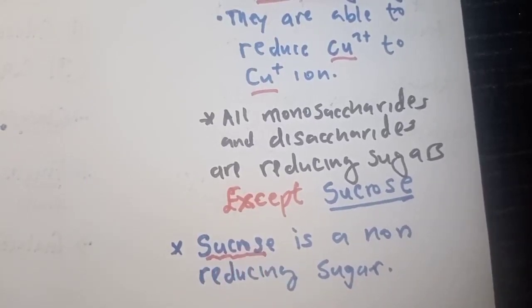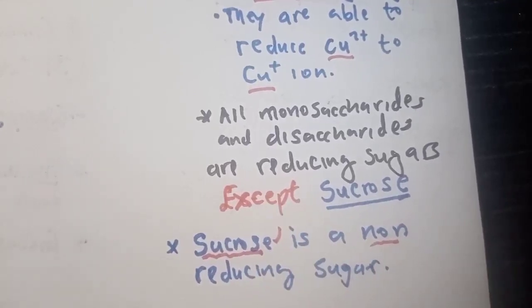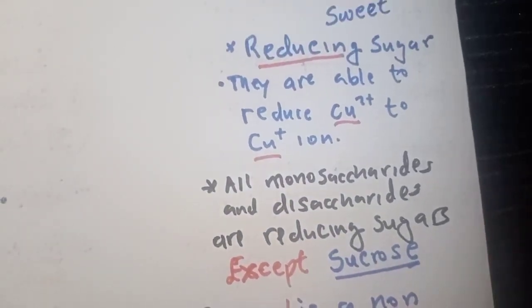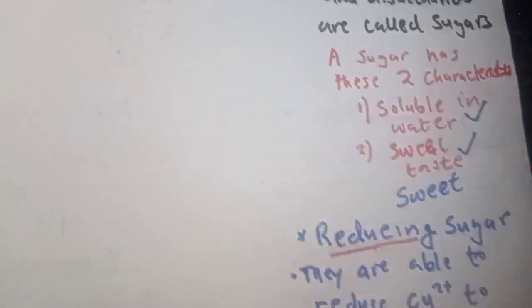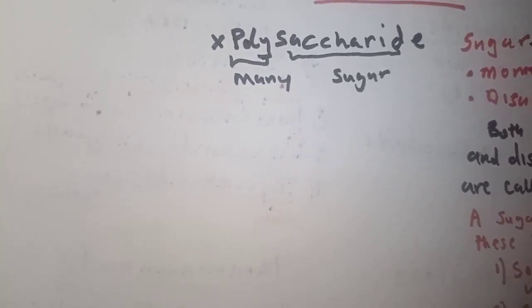Give me an example of a non-reducing sugar, which is sucrose. And why are the reducing sugars called reducing sugars? We said because they're able to reduce copper 2 sulfate to copper 1 sulfate. That is what we can say for now. So we proceed to polysaccharides.